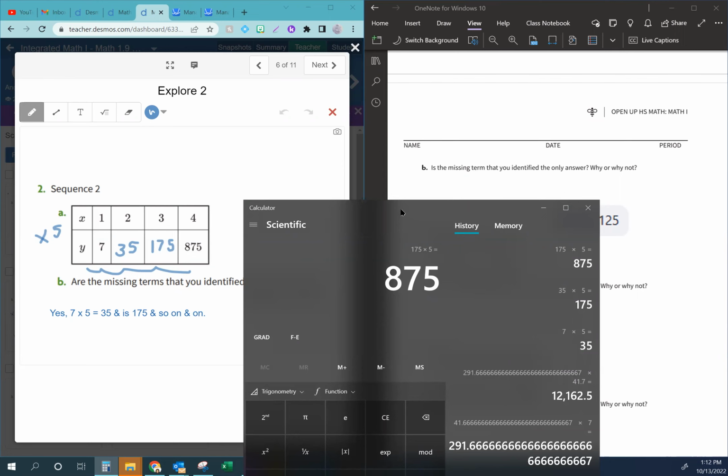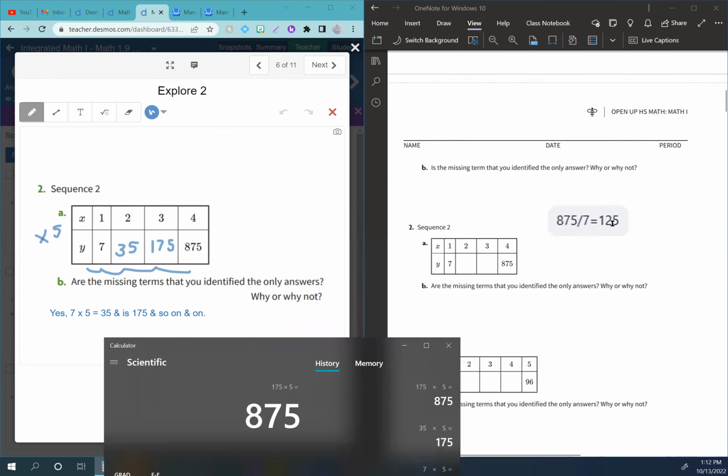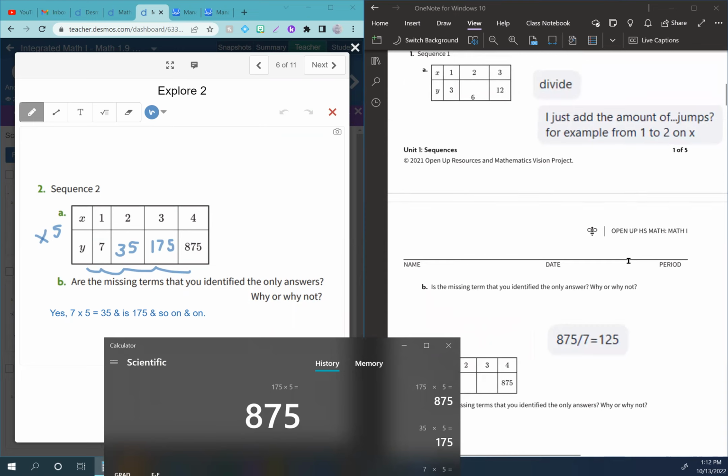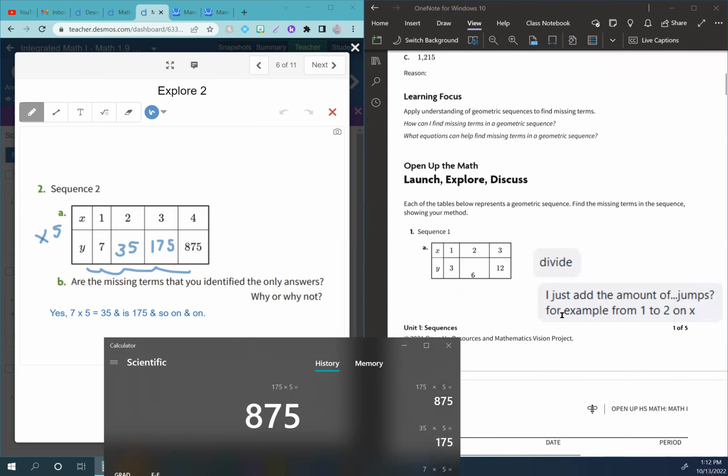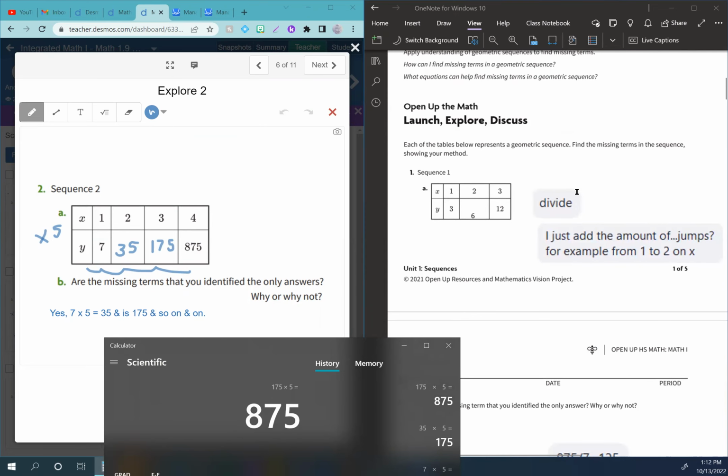But how do I get from 125? Any ideas? How do I get from 125 to 5? Here's another question. How did I get from 4 to 2?